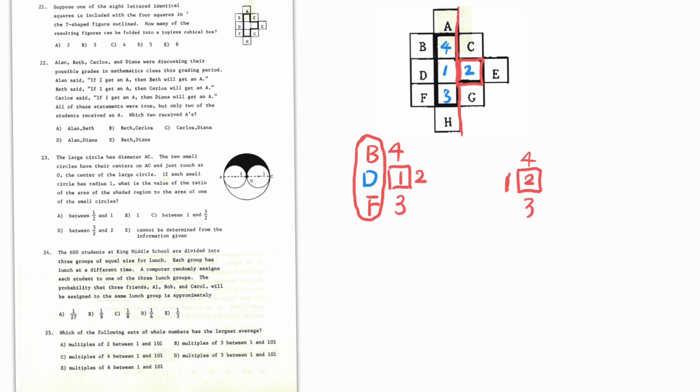For the right side, we can fold E up. So it can be the E. Or when the 4 is folded to the front, we can fold the A back. So A can be the right side. Same thing, H can also be the right side. So the base 2 will produce another 3 topless boxes. So that's a total of 6 topless boxes. So the answer is E.